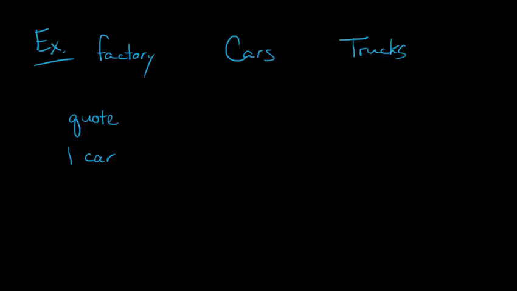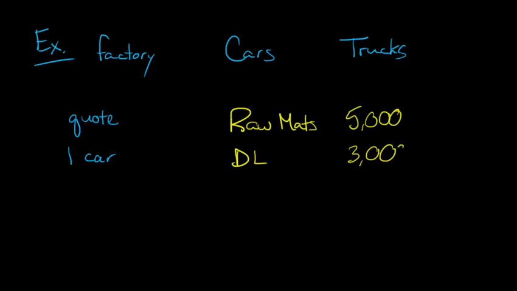On that quote, they break it down, and you've got raw materials, the steel and everything to build the car. That's $5,000. Then the direct labor, I'll abbreviate DL, that's $3,000. And then the manufacturing overhead, I'll abbreviate MOH, and that's what we're trying to figure out. So how much do we charge to overhead?